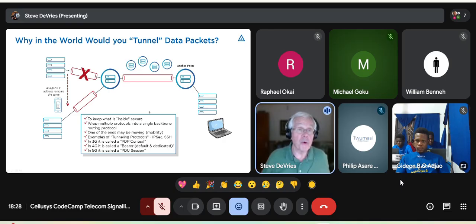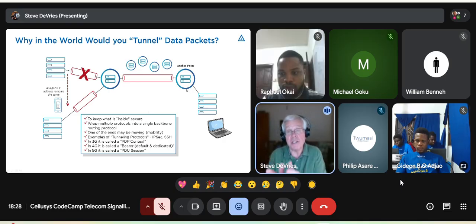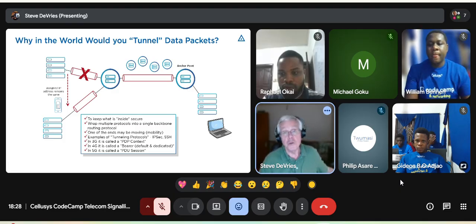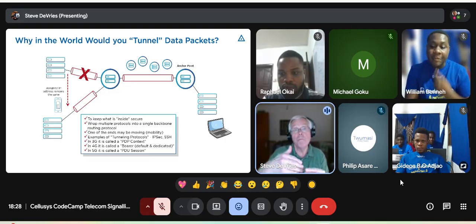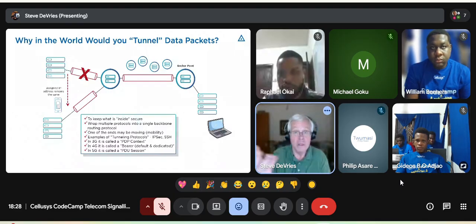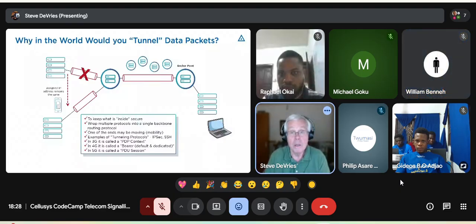But the reason you do it in mobile networks is because your IP address is assigned, and as you move around from network to network, you don't need to keep reassigning an IP address to the mobile. You can keep your same IP address as long as you're in that packet data network. So that's the biggest reason why you want to tunnel these packets.